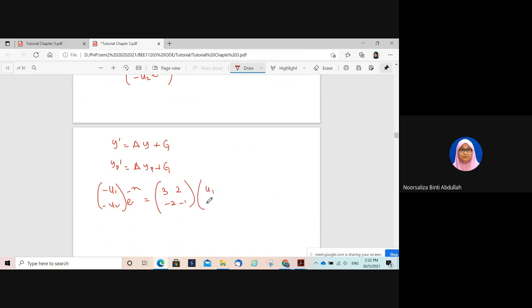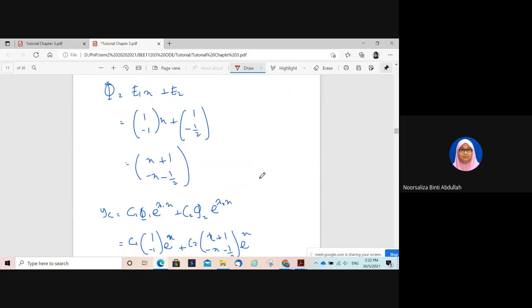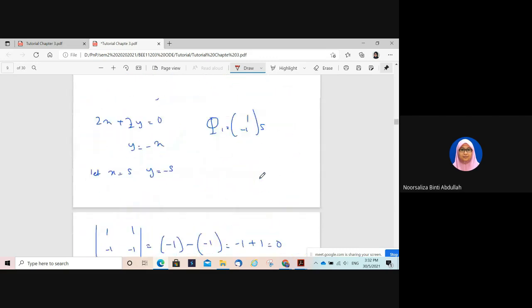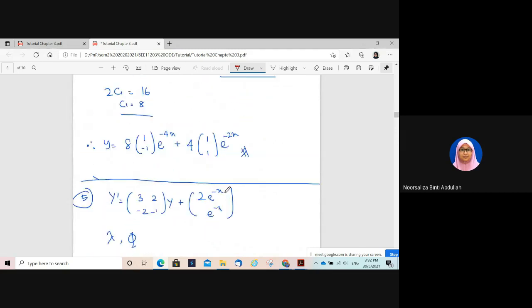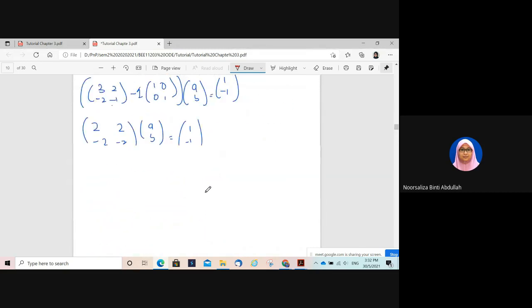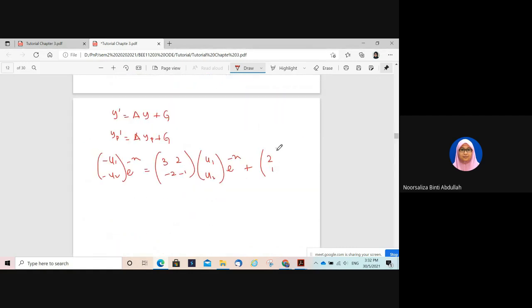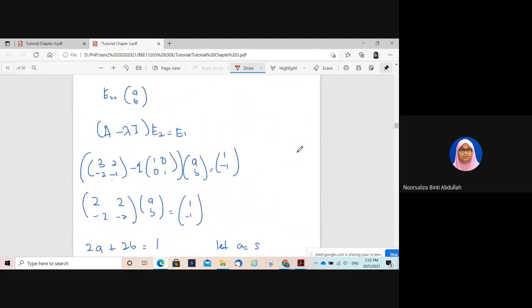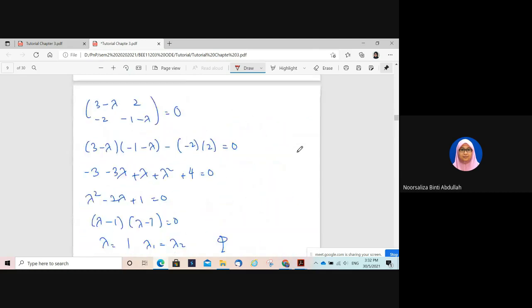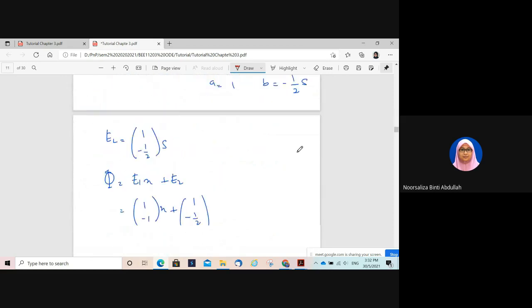YP is U1, U2, exponent minus X plus G. G is 2, 1, exponent minus X.